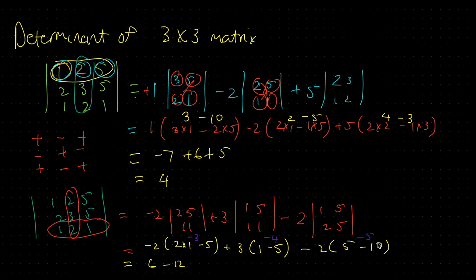And minus 2 times minus 5 is plus 10. And the answer for this line would be 6 minus 12 is minus 6, plus 10 is 4. So you can see we get the same answer if we take the first row or the second column to determine this matrix.